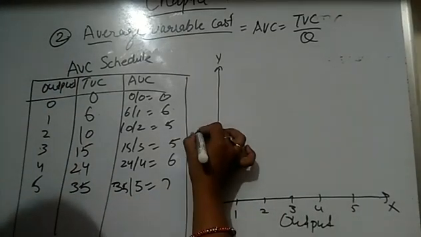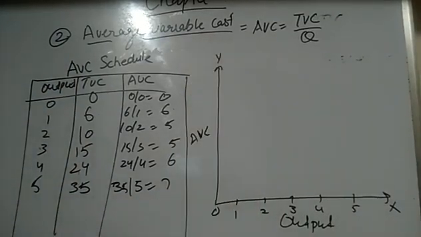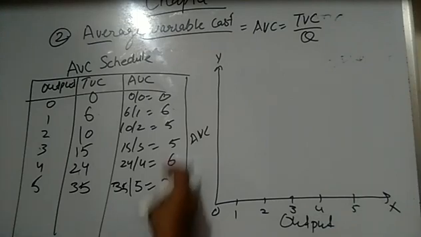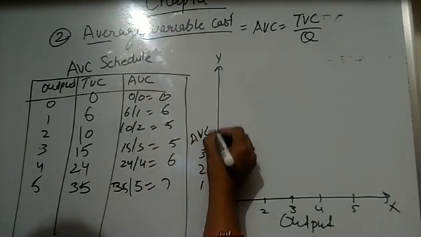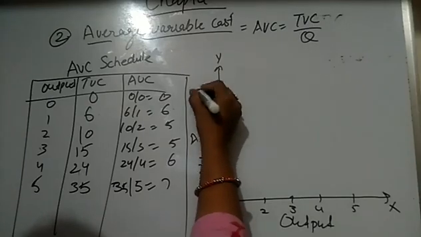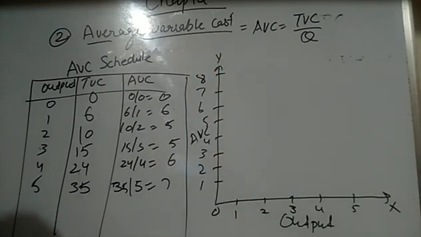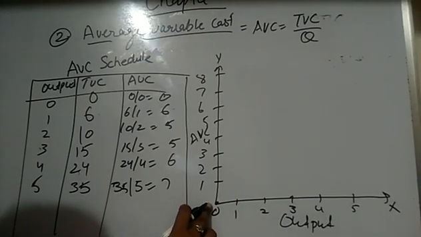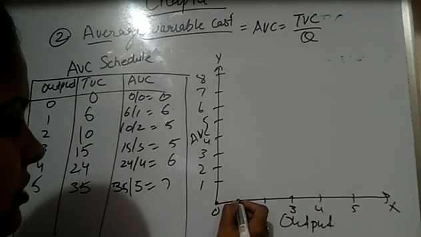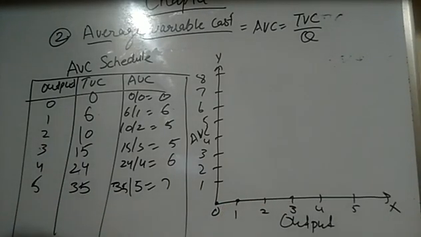And on the OY axis I am presenting average variable cost, which is 1, 2, 3, 4, 5, 6, 7, and 8. So when output is 0, average variable cost is also 0. So see students, average variable cost starts from the origin and touches the OX axis because it is 0.